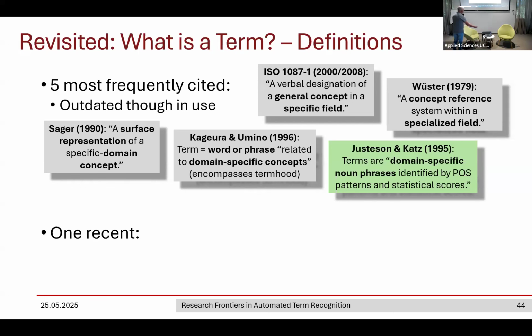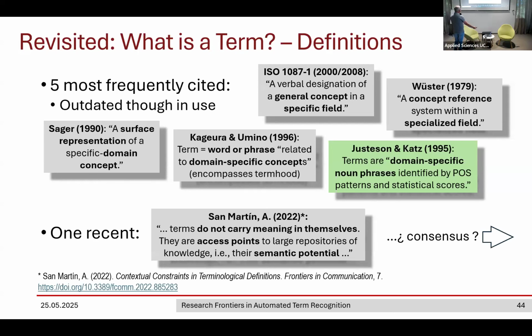One of the recent definitions, Saint Martin in 2022, just 3 years ago, he wrote, the terms do not carry meaning in themselves. Clear? They're access points to large repositories of knowledge, for example, their semantic potential.